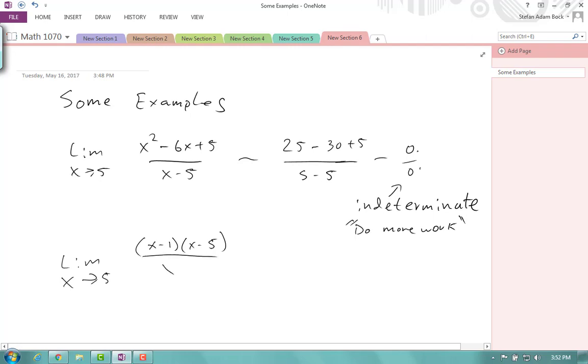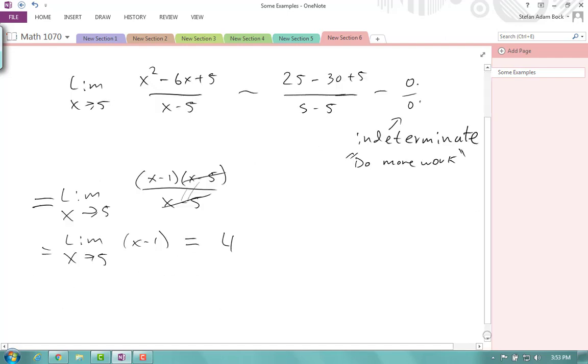And the bottom is already all set, x minus 5. I can cancel these, and that has exactly canceled my problem. I get the limit as x goes to 5 of x minus 1 left over, and since my problem has been canceled away, I can just plug it in and I'll get, well, 4.